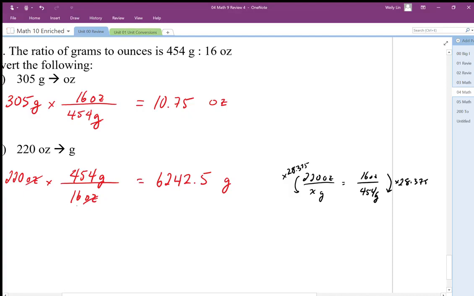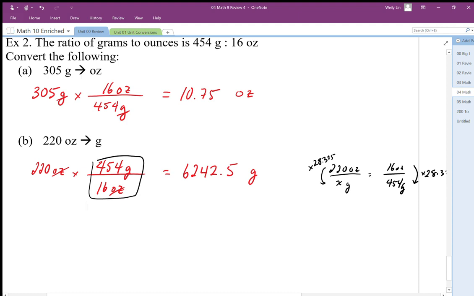That's the same multiplier that I get here. Notice that there's my unit rate, 454 divided by 16. And basically this calculation of the proportional equation is showing up in a linear form in this rate analysis. And the rate analysis is a much more efficient way of doing things.